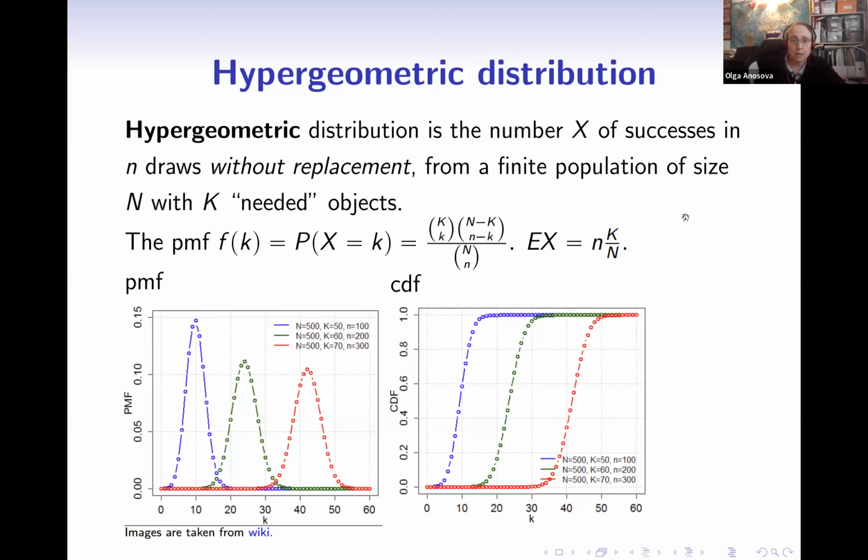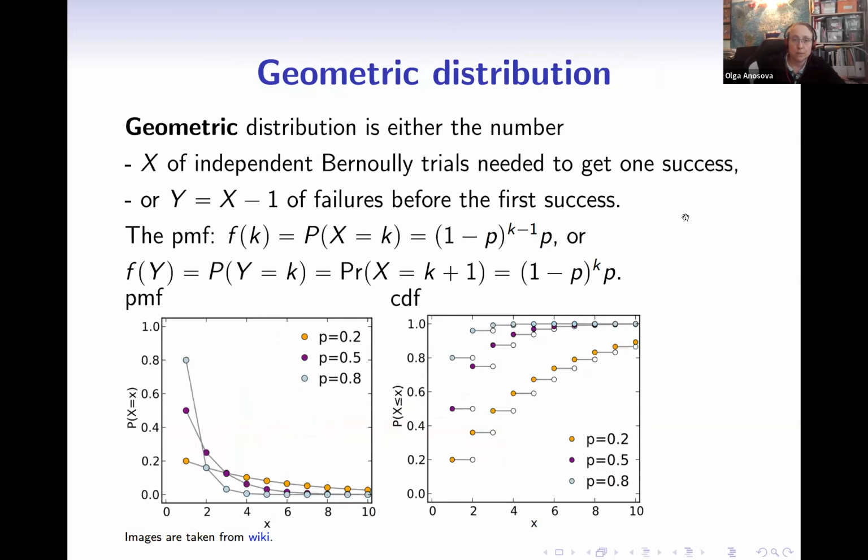The next one in my list is the so-called geometric distribution. Geometric distribution can in fact be defined in two ways. It's either the number of trials before and up to getting the first success, or it's the number of failures before this very first success. So basically, it's the number of throws that we need to try before succeeding.